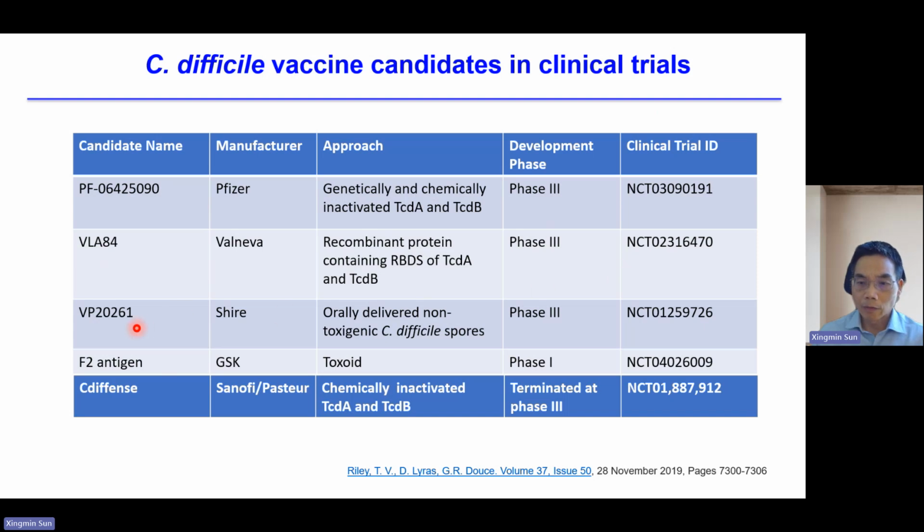The third one is from Shire. This vaccine candidate is orally delivered non-toxigenic C. difficile spores.